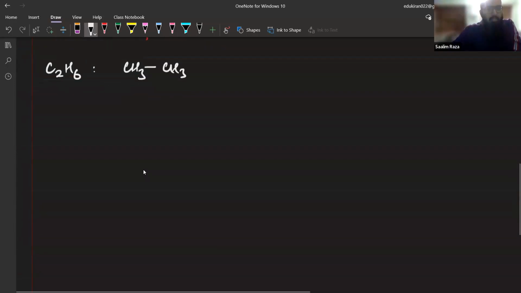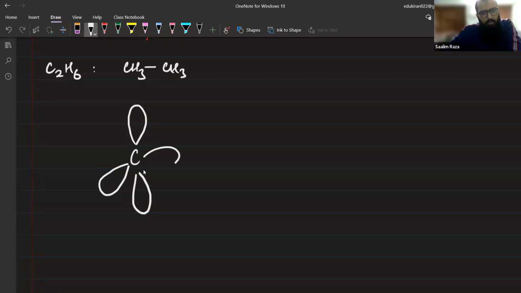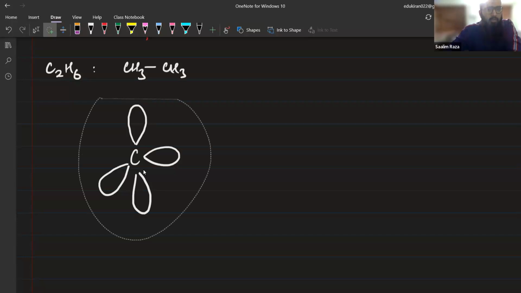Now, the molecule of CH3 and CH3 is going to be something like this. Carbon is going to have 4 bonds, right? So obviously, all of these bonds will be made by hybrid orbitals, and since it has only single bonds, all of these hybrid orbitals will be sp3 hybrid orbitals. One second, let me make it like this.